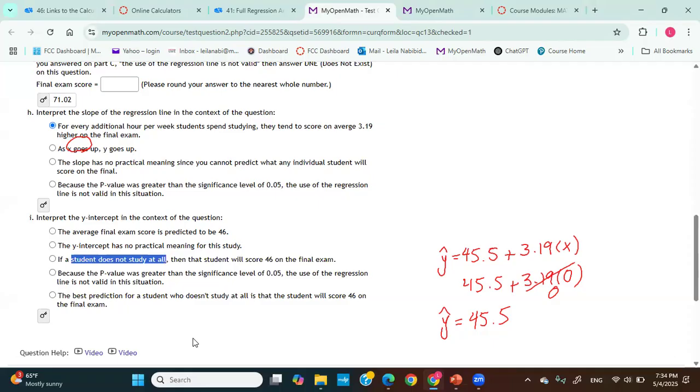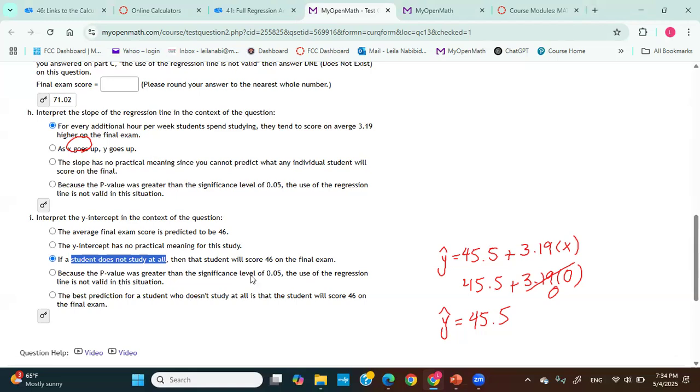That means x is 0. Then that student will score 46 on the final exam. Yes, that's correct. Because if you replace the x by 0, we get the predicted final exam score of 45.5. So if the student does not study at all, then the student will score 46. Yeah, that makes sense.